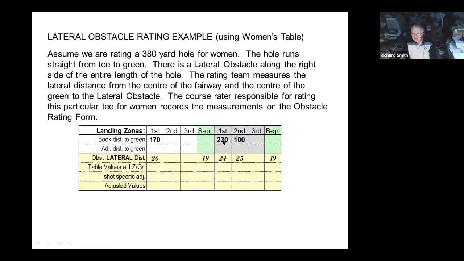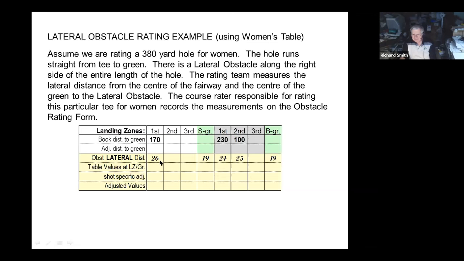For bogey, we'd have a first landing at 180 minus 150, and a second one subtracting another 130 for the bogey woman's second shot would be there. And here's what they've recorded for the lateral distances.